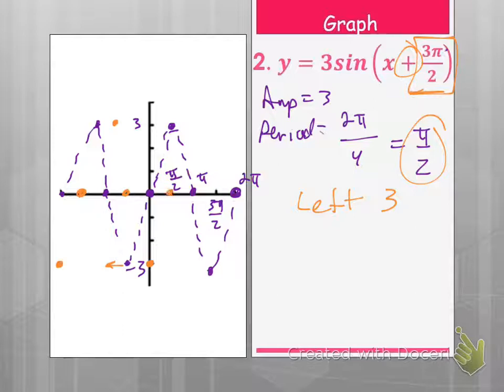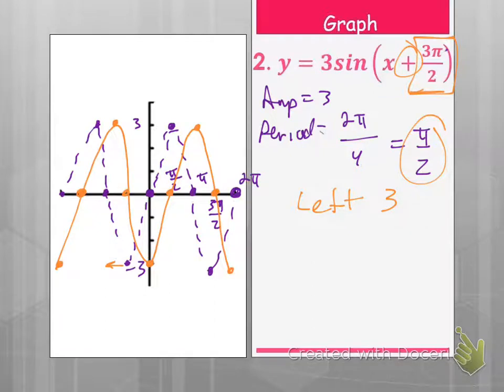Right? So that one's going to be 0. Next one's going to be here, then here, then down here. Okay? So there's your new graph. Hopefully that makes some sense.